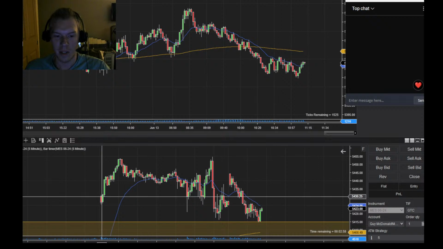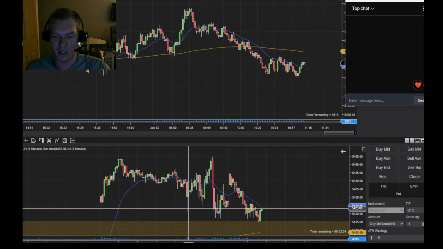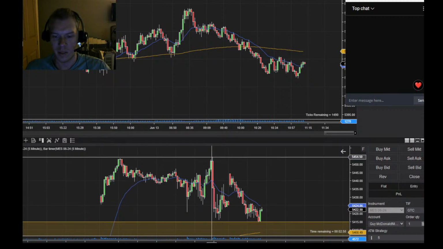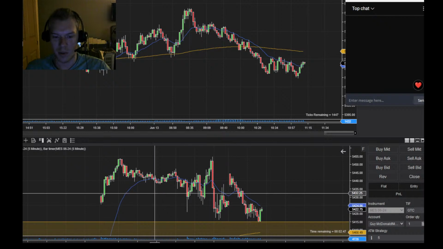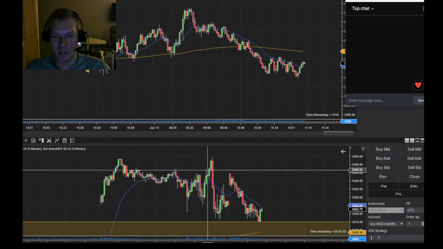Yesterday ended up being a trading range day. The FOMC created some huge bars in here, but ultimately it still closed pretty close to where it opened, and at no point did it ever go really much outside of this range.